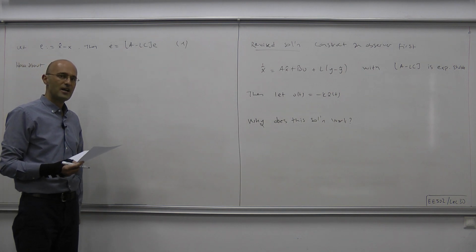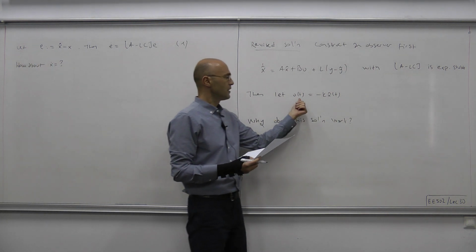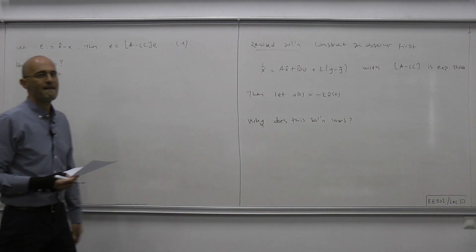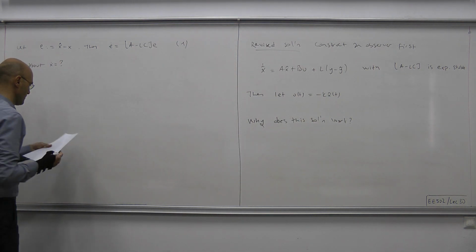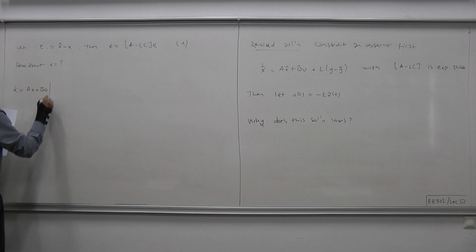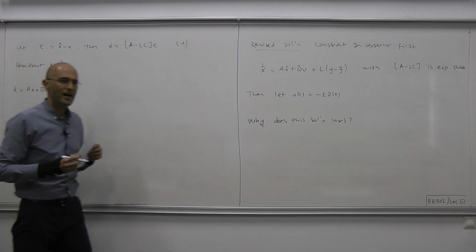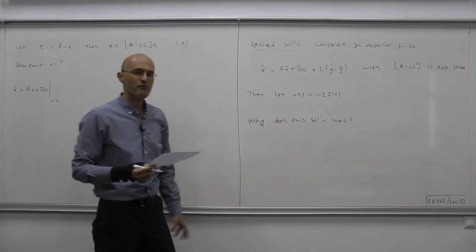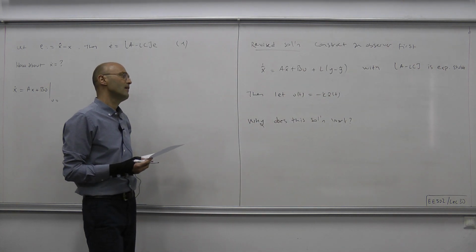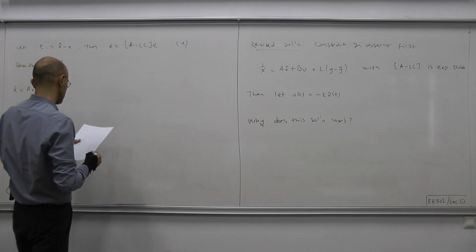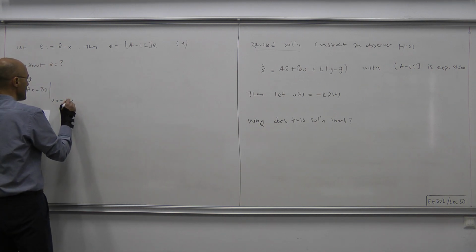Now, how about the dynamics of the actual system under the control signal u equals minus K times x hat of t. So x dot equals Ax plus Bu, and u is minus K times x hat. x hat is the estimate that we collect from the computer in which our observer runs.